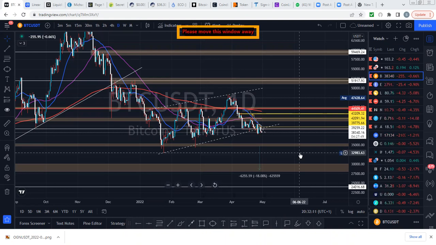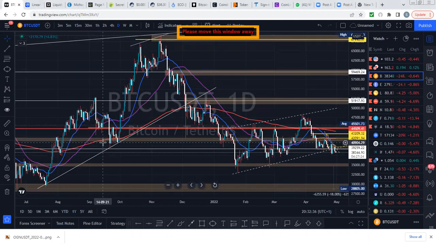It helps you to locate the direction of the market, be it in an uptrend position or a downtrend position. And moving average also helps to track what? Support and resistance.